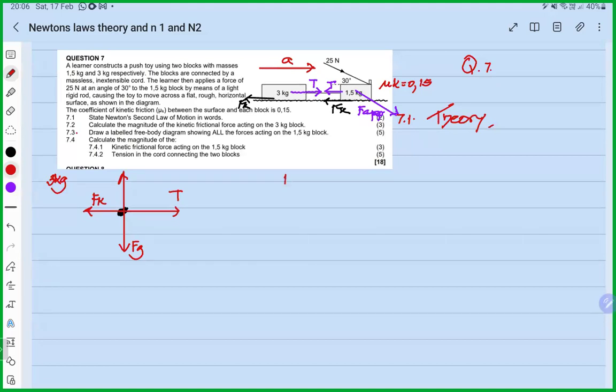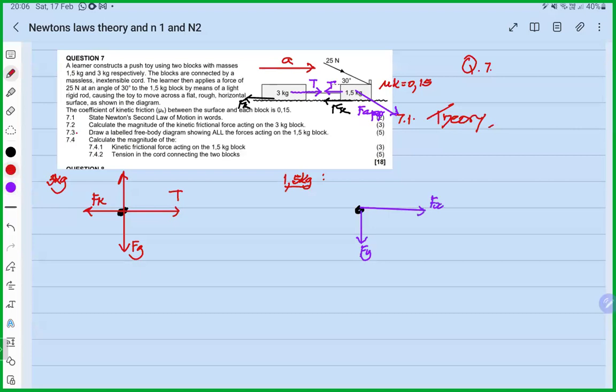For the 1.5 kilogram there, so we're going to have the components first. Your Fy is going to be down. Your Fx is going to be running across there.